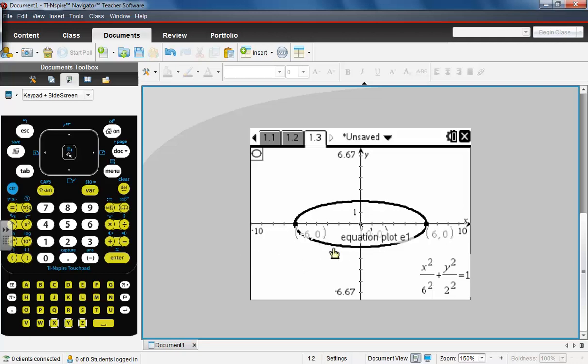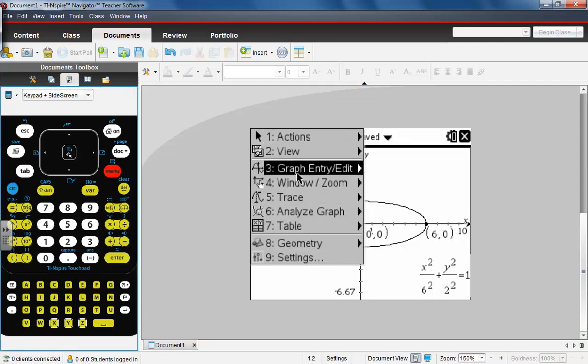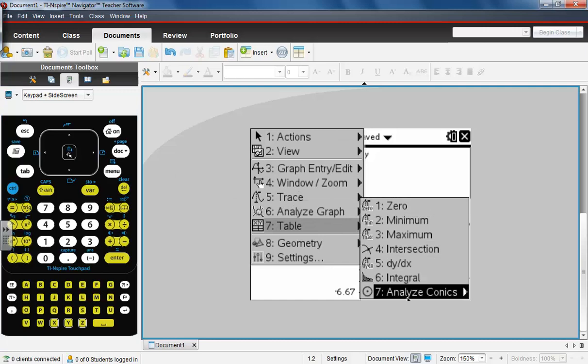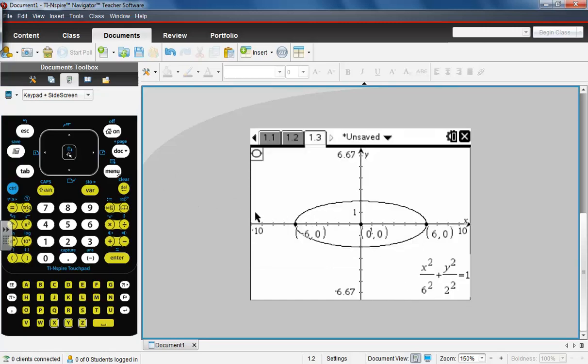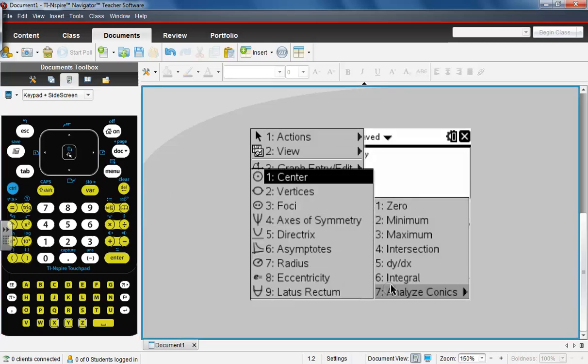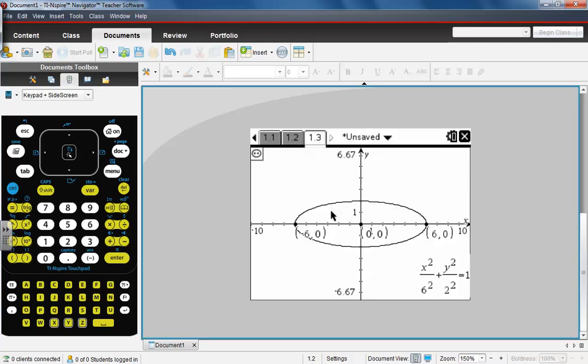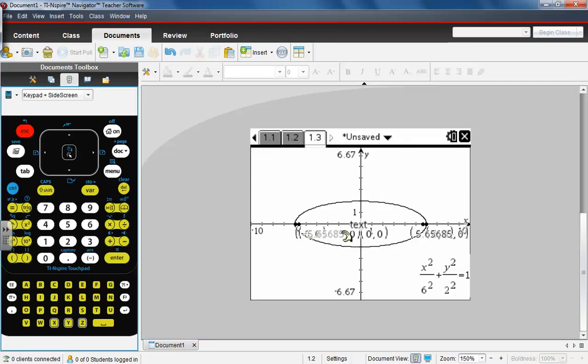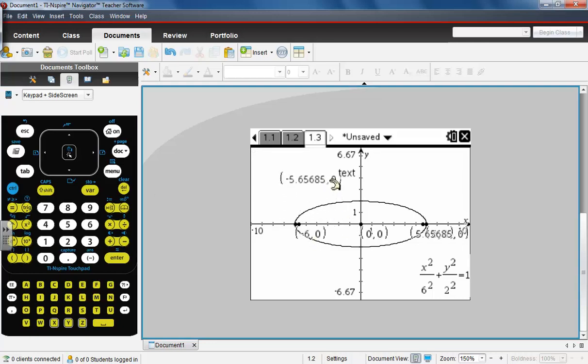So I have a vertex at negative 6, 0, and then one at 6, 0, and no, that didn't work. Analyze, and I'll find the foci. And move those out so you can see them a little better.